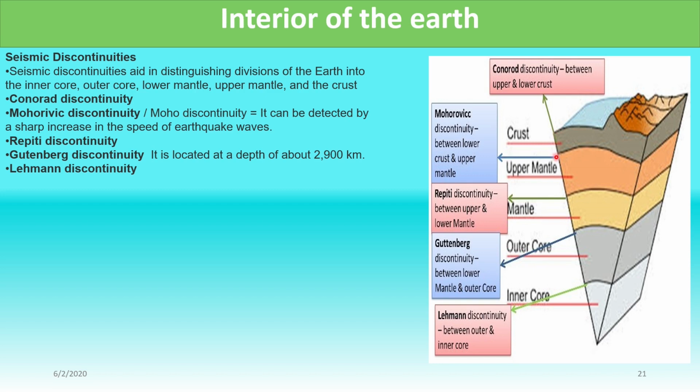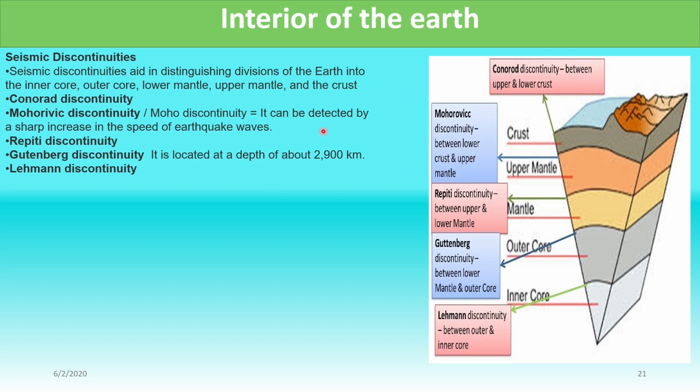Mohorovičić discontinuity is in between the lower crust and the upper mantle. Repetti discontinuity is in between upper mantle and lower mantle. Gutenberg discontinuity is between lower mantle and outer core. Lehmann discontinuity is between outer core and inner core.